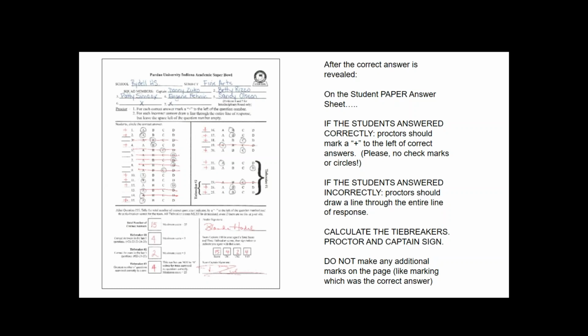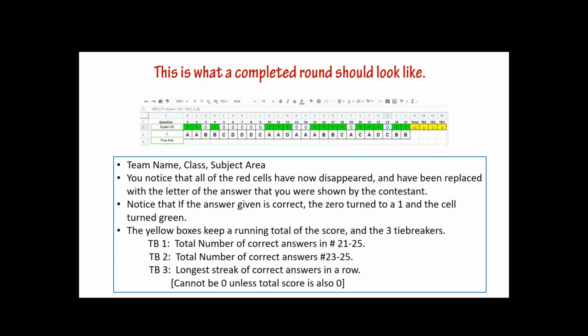So this is what it should look like when your round is actually completed. If you'll notice again, up here we've got the team name in section A, team name, the subject area, the class. You'll notice that all of the red cells have now disappeared, and that is good at the end of the round. That means you've done your job, okay? And they've been replaced with a letter of the answer that you were shown by the contestant.